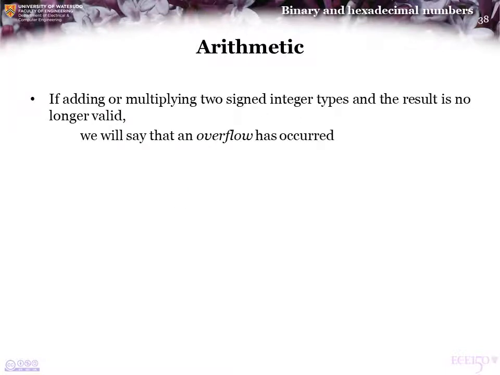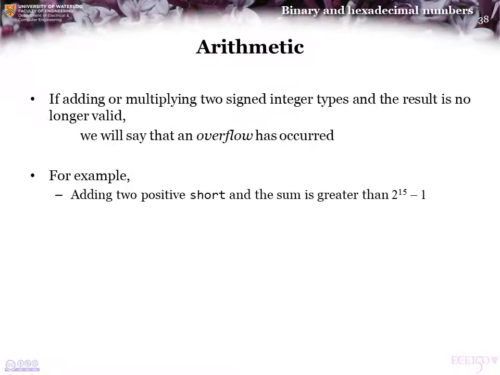Now, if adding or multiplying two signed integer types and the result is no longer valid, we will say that an overflow has occurred, as opposed to the term carry, which was used for unsigned arithmetic. So, for example, adding 2 positive shorts and the sum is greater than 2 to the 15 minus 1.